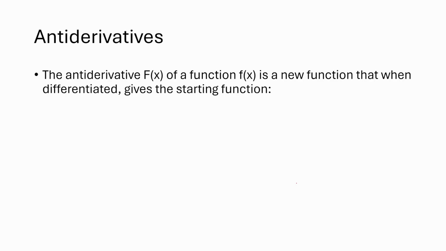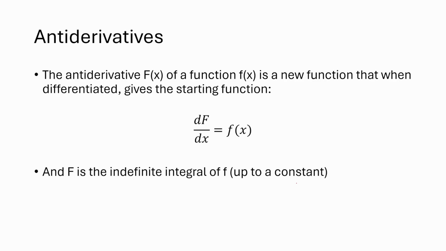I already talked through this a little bit in words, but I want to show it symbolically as well. So we have a function little f of x. With respect to little f, there is some other function, big F, that when we take the derivative of big F, we get little f. That means that big F is the antiderivative of little f.